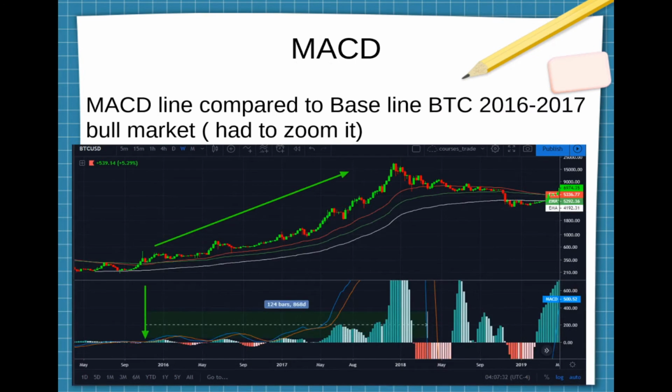So let's go ahead and look at the MACD line compared to base. This is Bitcoin right there, and that was the 2016-2017 bull run that we had here. As you can see, this is an overall uptrend. And then you have this signal right there.